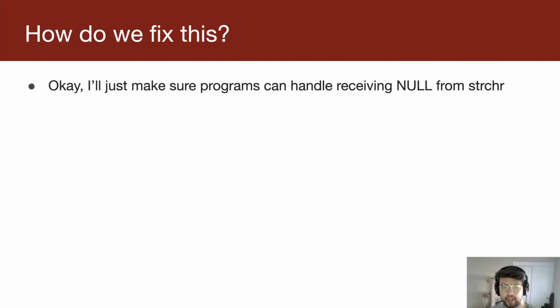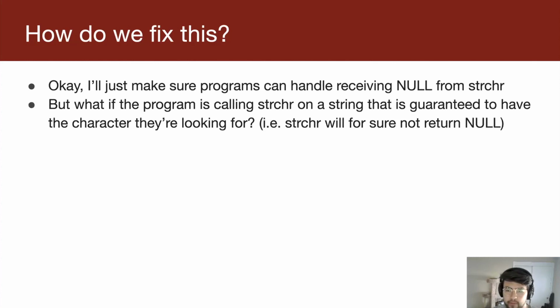Let's say, okay, if you call strchr, then make sure that you check if it's null and don't do bad things if it is. But what if the program calling strchr is calling it on a string that's guaranteed to have the character that you're looking for? In our case, we were looking at user input, so we don't know. It may or may not have the letter A in it, and so that's bad. But what if it's on some constant or something else that they know for sure will have the letter A, so you know for sure this function is not going to return null?